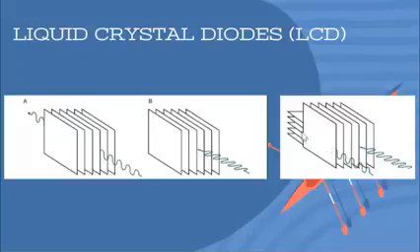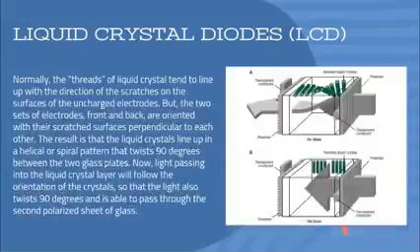However, when they reach the second layer of polarizing lens, they cannot pass through because they are not parallel to that layer. So that is the concept of the liquid crystal display, which will be explained in this slide.